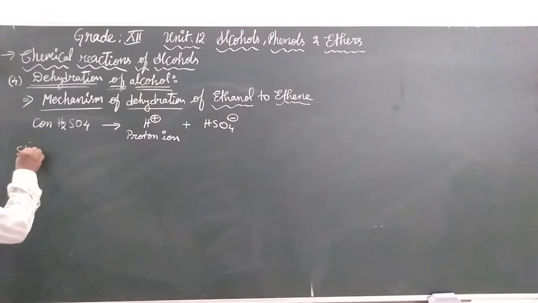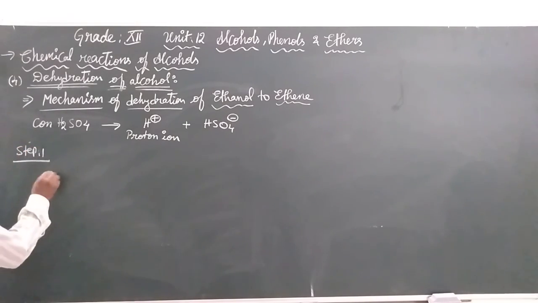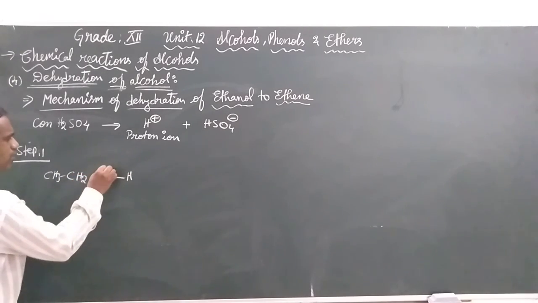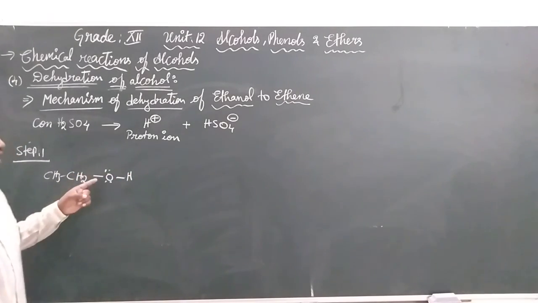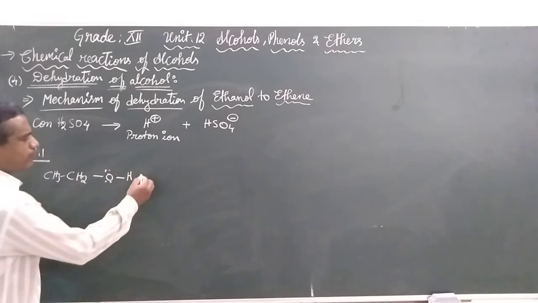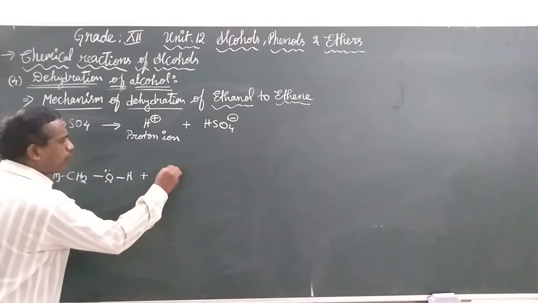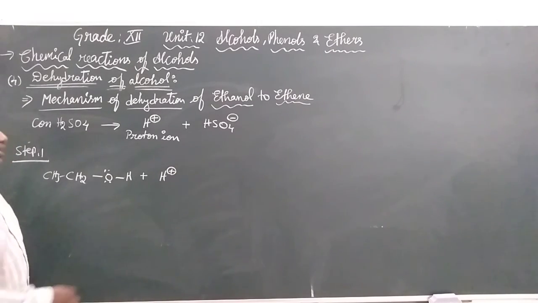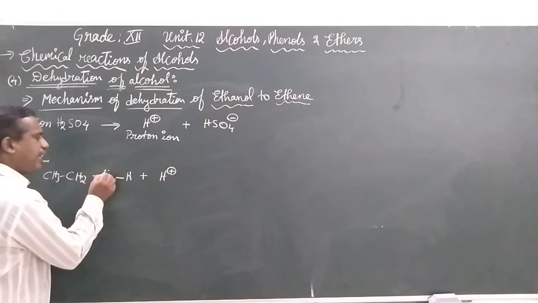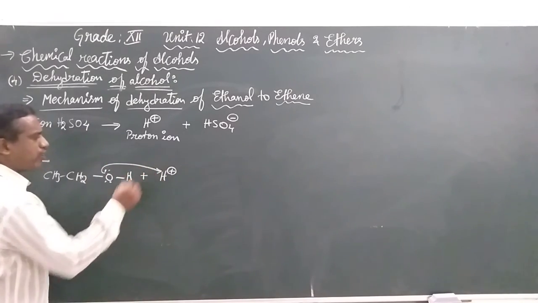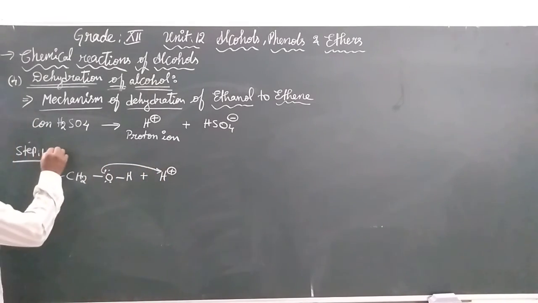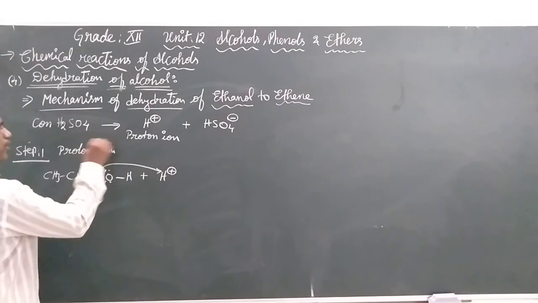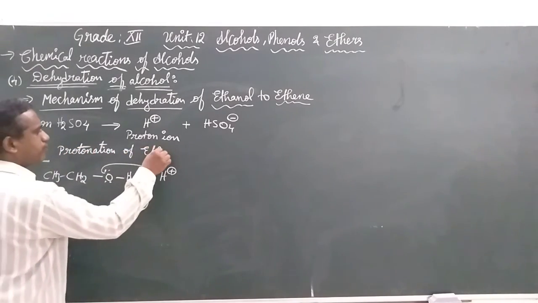In step 1, the ethanol that we had used has 2 lone pairs on the oxygen. It will be protonated, because H plus is an electrophile and the lone pairs will be donated to the electrophile. So step 1 we call protonation of ethanol.